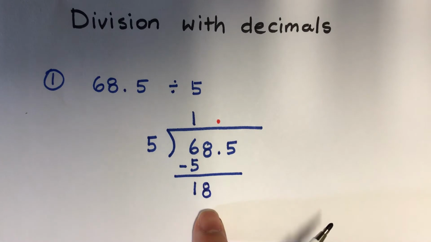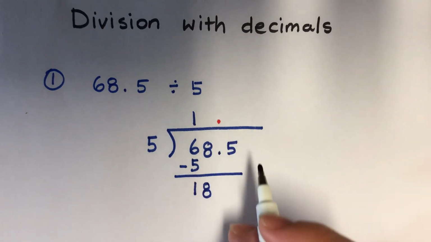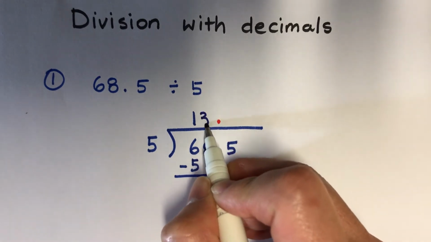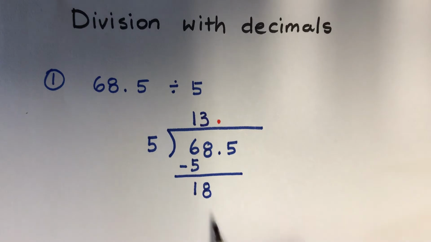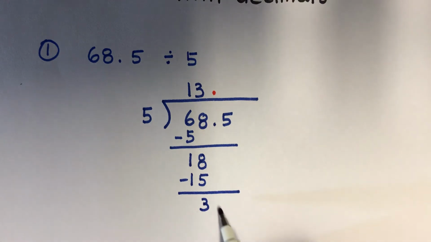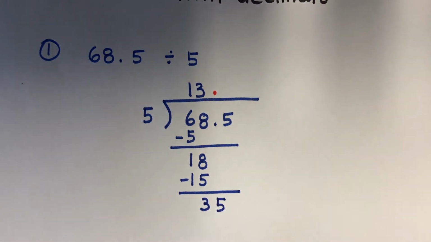Now we got 18. So how many 5's can go into 18? If you know your times table, it'll be 3. So 5 times 3 is 15. And I'm going to take that away and I'll get 3. Now, 5 cannot go into 3, so I'm going to bring this 5 down. Now it becomes 35.